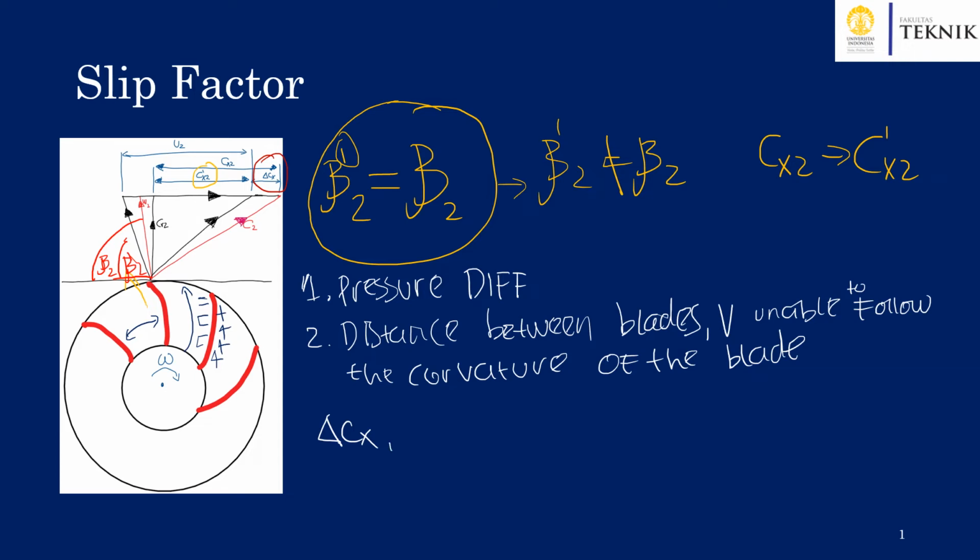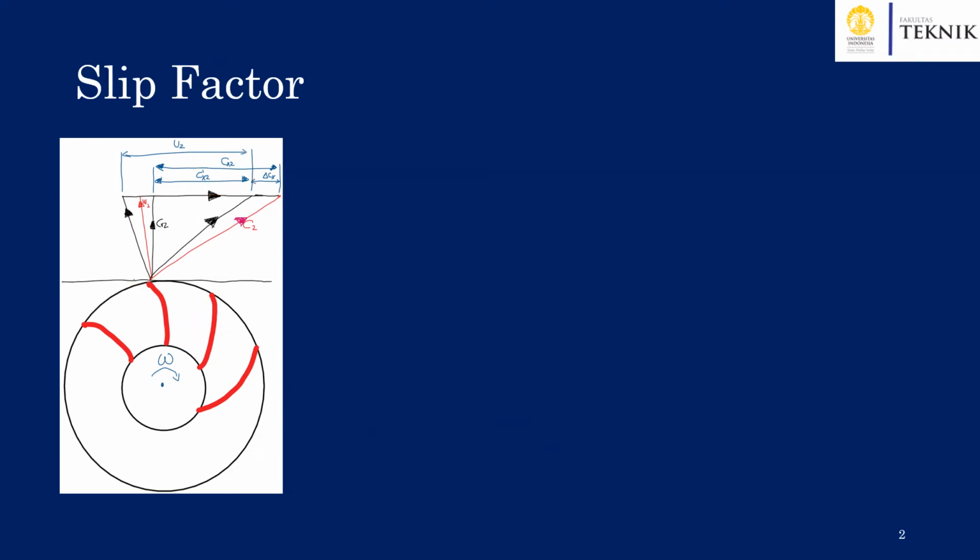Or, on the other hand, we can write this slip as a slip factor, using the Greek letter tau, equal to C prime x2 divided by Cx2. So this is the ratio between this and this.